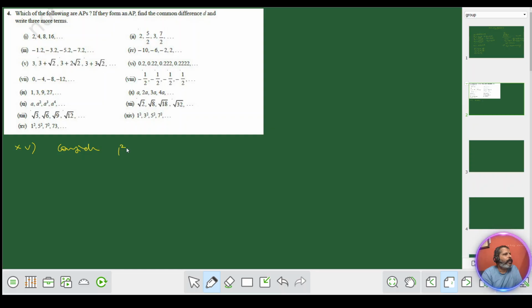Consider 1 square, 5 square, 7 square, 73 also. So D is equal to A2 minus A1, 5 square minus 1 square, 25 minus 1 is 24. A3 minus A2 is 7 square minus 5 square, that is 49 minus 25, which is 24.